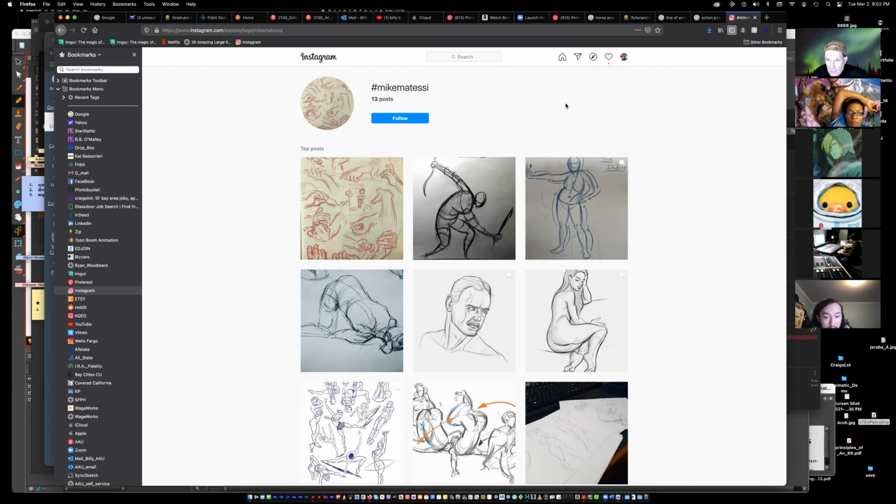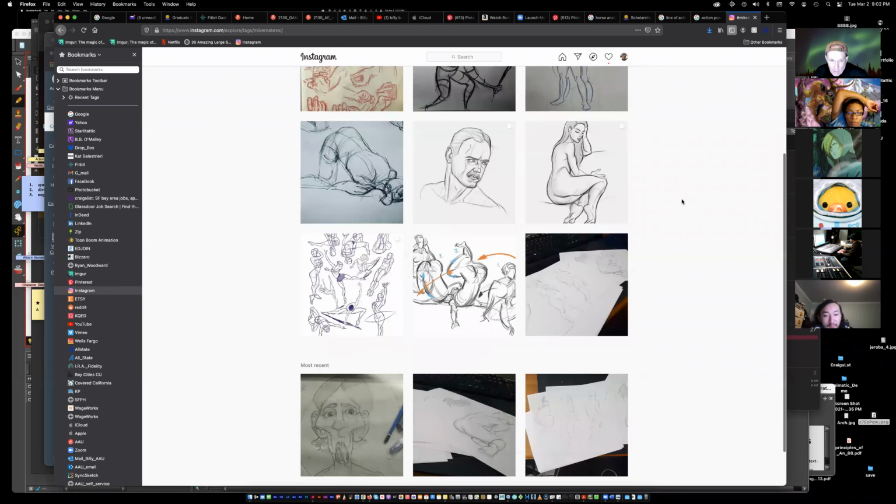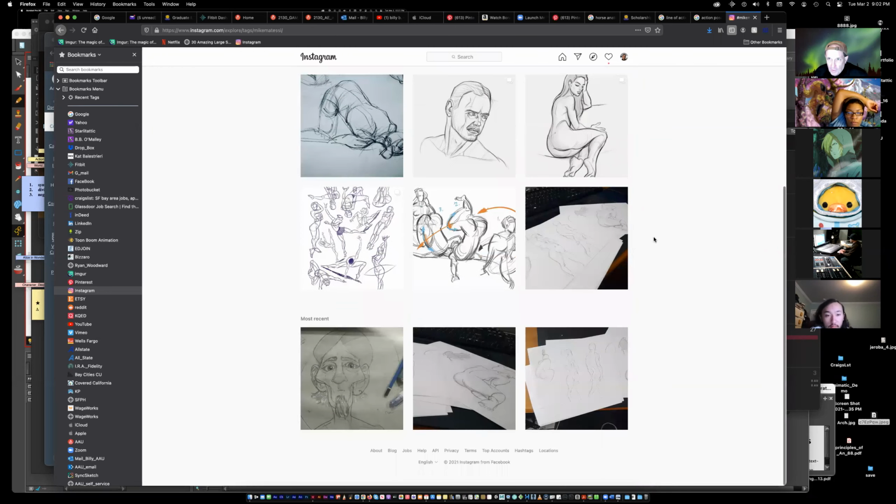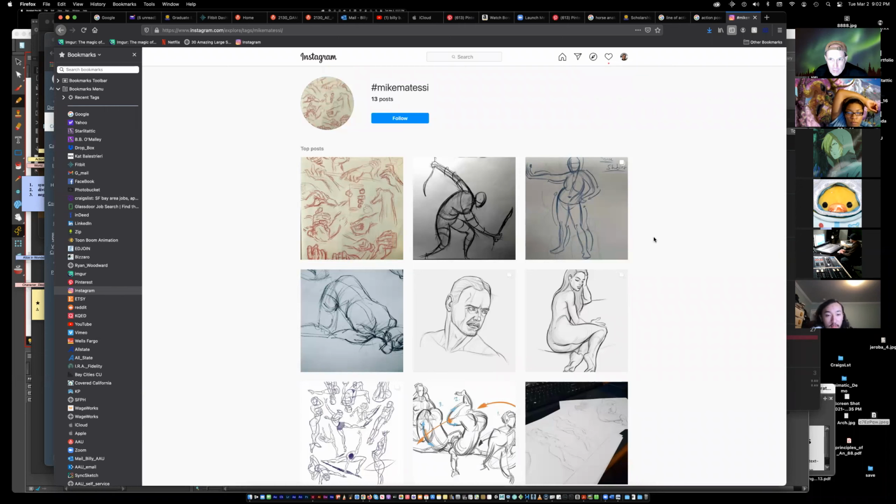It's much less exaggerated. It's much less pushed. The forms are much more academic rather than taken to the wild side, if that makes any sense. I think that they're much more anatomical, if you will.